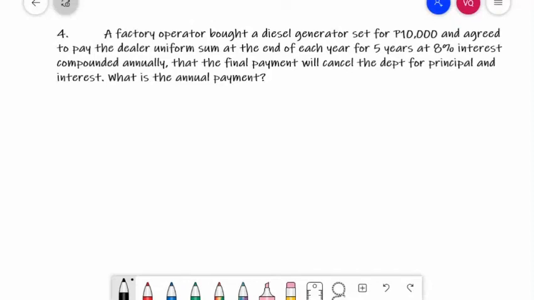So, yung generator set amounting to 10,000 pesos. And then, yung factory worker, babayaran niya yung dealer at a certain amount, equal amount, for 5 years at 8% interest compounded annually. Ano yung ibabayad niya at the end of each year? So, that is your annuity.